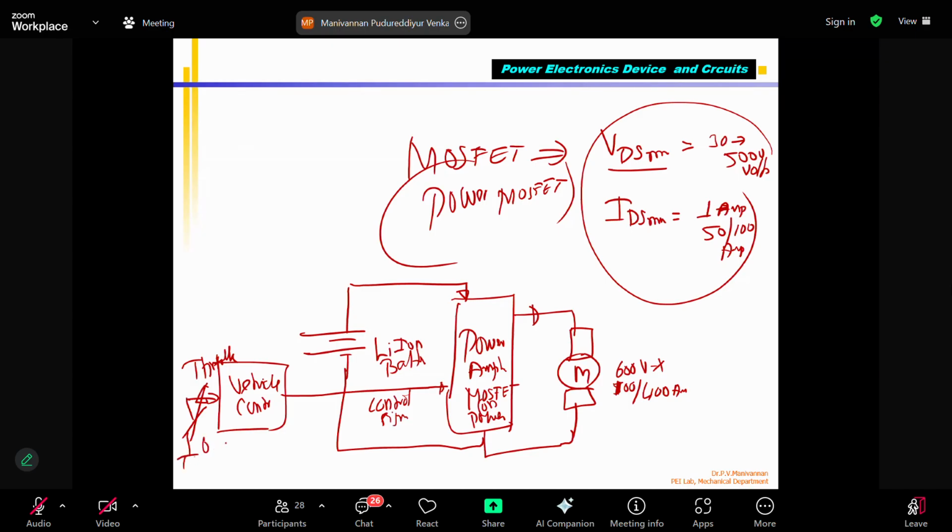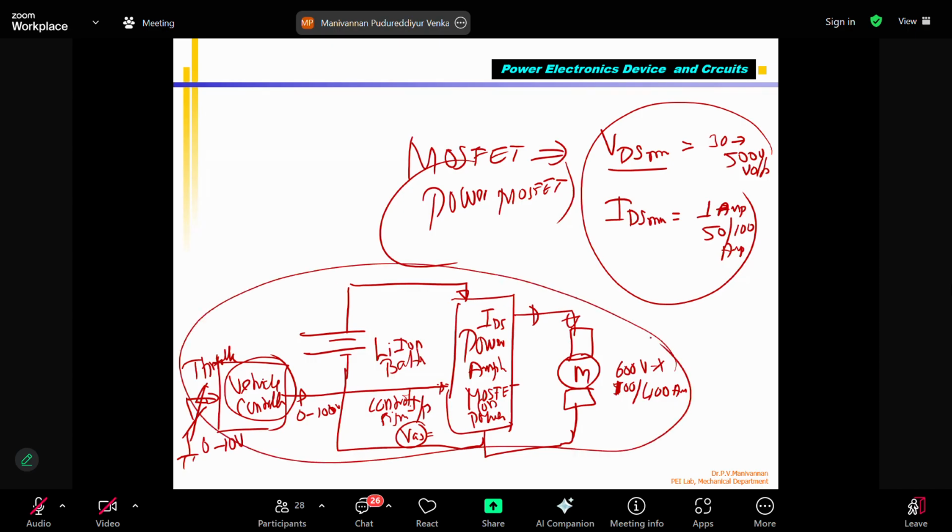Your TPS sensor gives 0 to 10 volts, and the controller generates a 0 to 10 volts control voltage and supplies it as the input to the VGS, the gate voltage, generated by the controller. Because of that VGS, it generates IDS in my power amplifier, which is supplying the current.